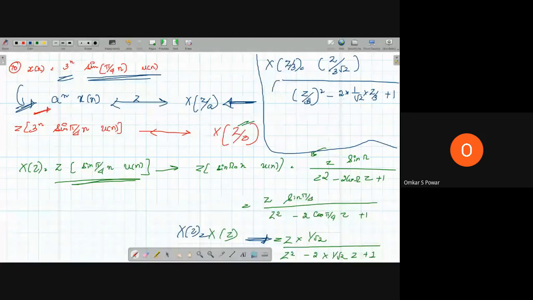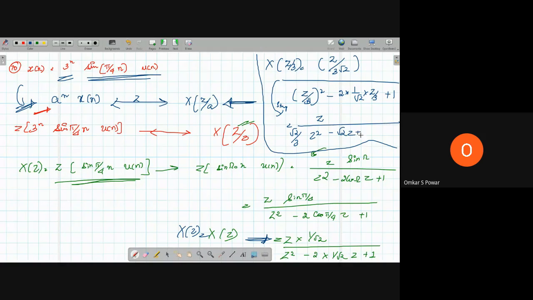Again you have to simplify this one; that is for you to do. You have to arrive at the answer: z by root 2 by 3 into z square minus root 2 into z plus 3 root 2.